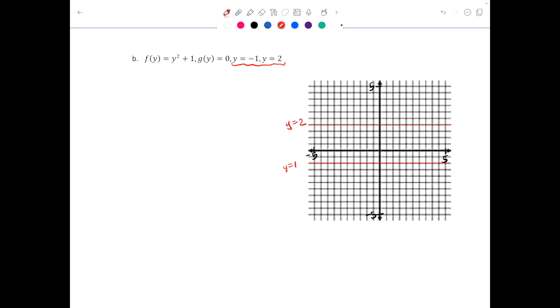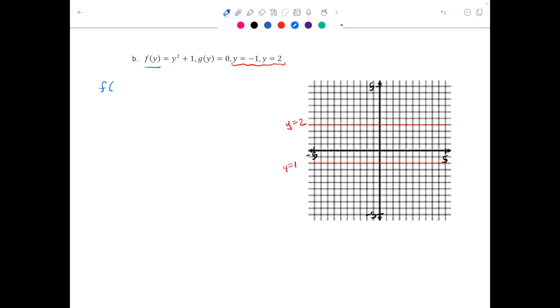And then our f of y equals y squared plus 1. So that's going to be like a sideways parabola, right? Sideways parabola. So here, let's find out what we have.